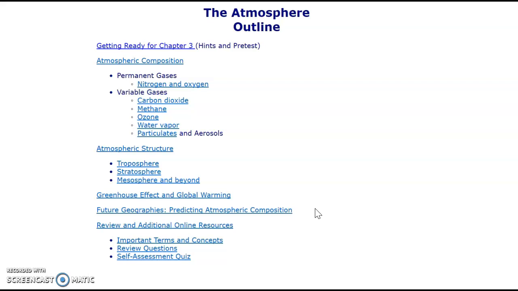But for predicting the composition, we know that the more greenhouse gases there are, the more the ozone layer is depleted. So if you Google any graphs of atmospheric composition data, you'll see a pretty steady increase in greenhouse gas emission and a pretty steady resulting decrease in ozone.